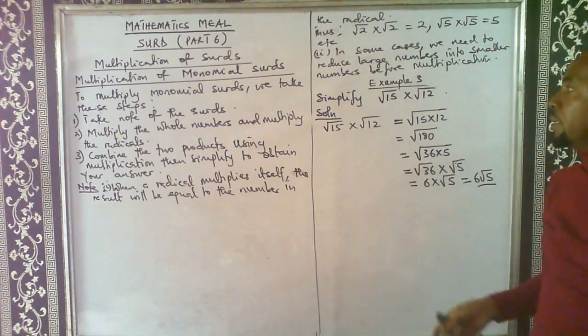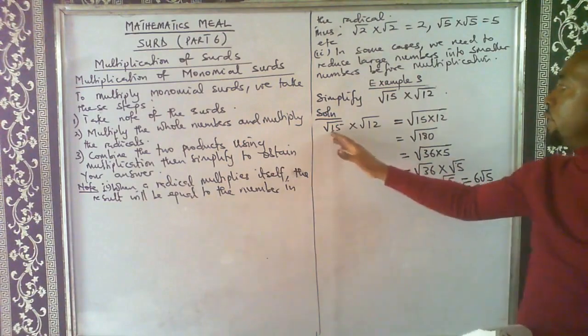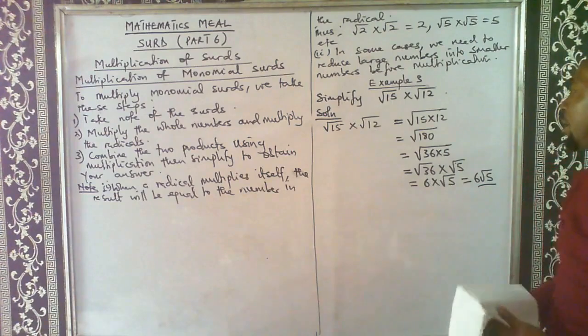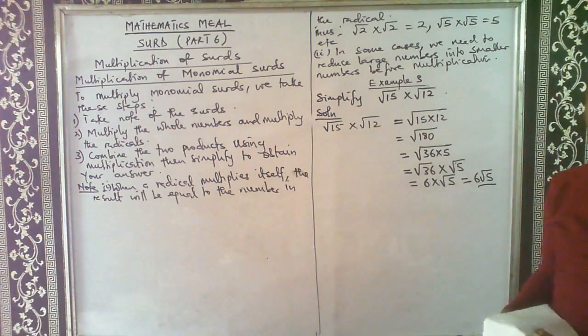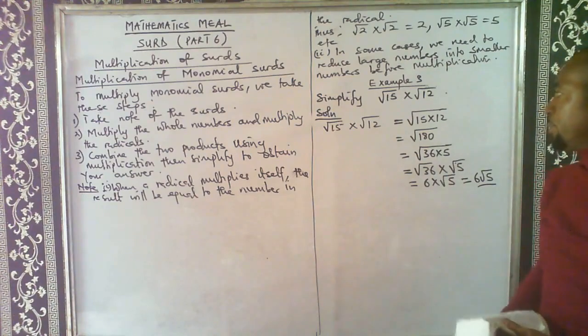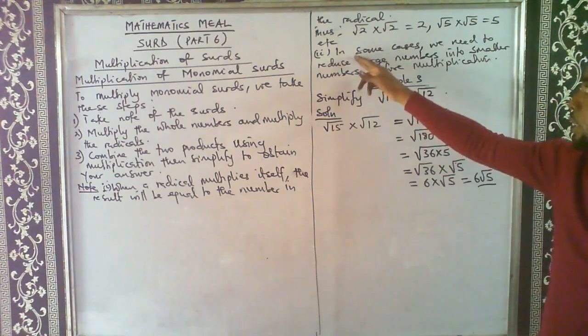Alternatively, one can still decide to split these numbers, reduce them to smaller numbers, and you still arrive at the same answer. That's correct. You still arrive at the same answer when you reduce them to smaller numbers. Like what I pointed out here.